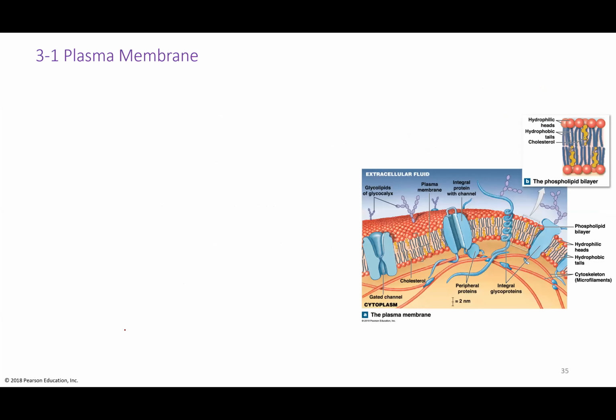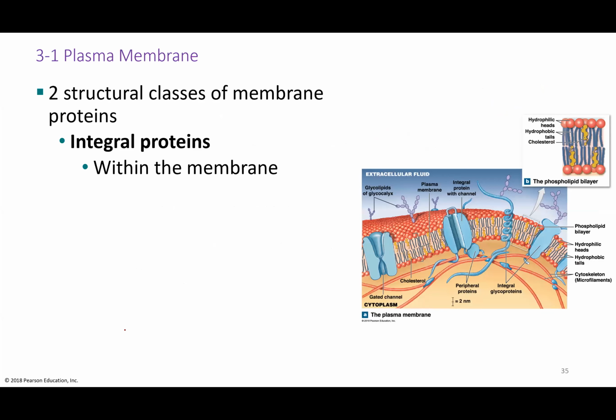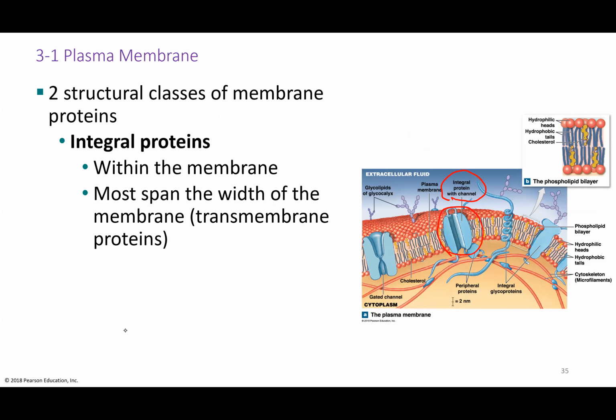Okay, 2 structural classes of membrane proteins. You have integral proteins, and these are within the membrane. So in this picture here on the right, integral proteins would be embedded in the membrane, just like you see there. And so you would find them spanning the width of the entire plasma membrane.